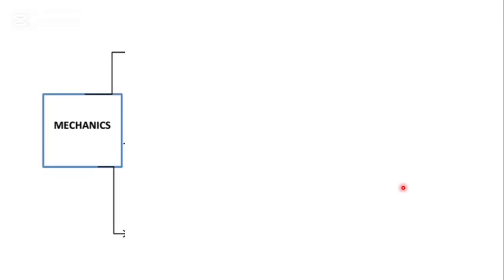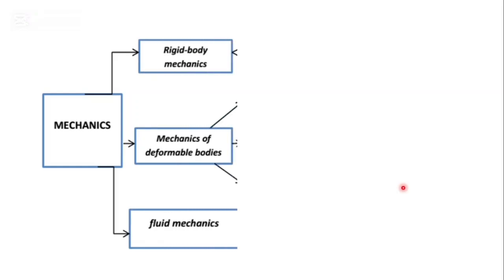So now we take mechanics and we dive into the branches of mechanics that we have, right? When you take mechanics, it has three broad areas or fields. We have rigid body mechanics, we have the mechanics of deformable bodies, then we have fluid mechanics. If you are an engineering student, then you've heard of fluid mechanics, yes, it's a branch of mechanics.